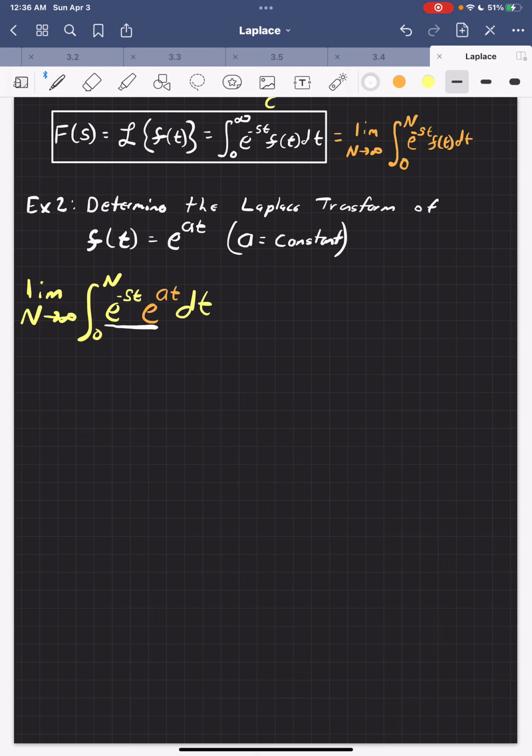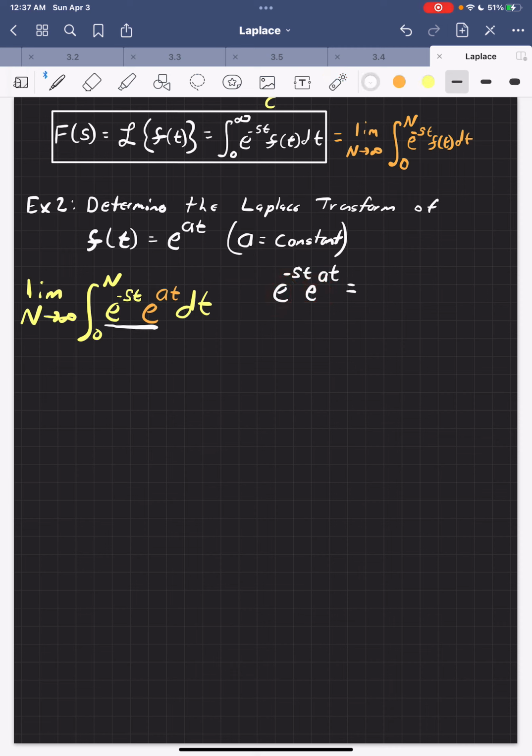If you have e to the negative st multiplied by e to the at, look, if you have x squared multiplied by x cubed, you and I know that's x to the power of 2 plus 3, right? But it's not like that only works for variables. If you have the same base, then when you multiply them, you can add their exponents.